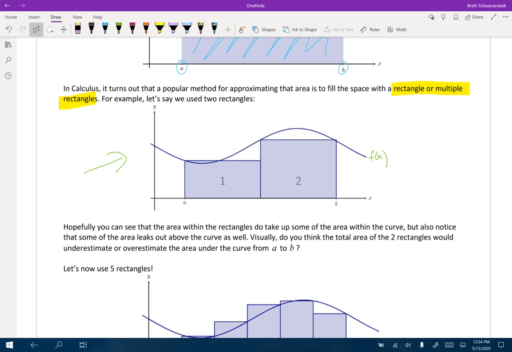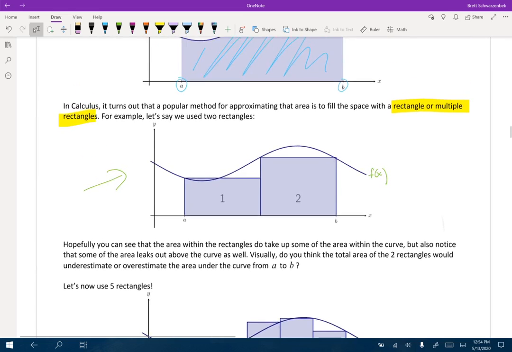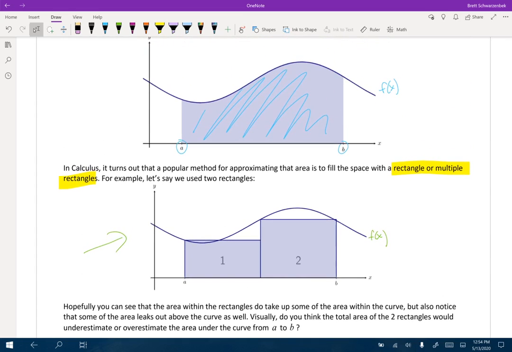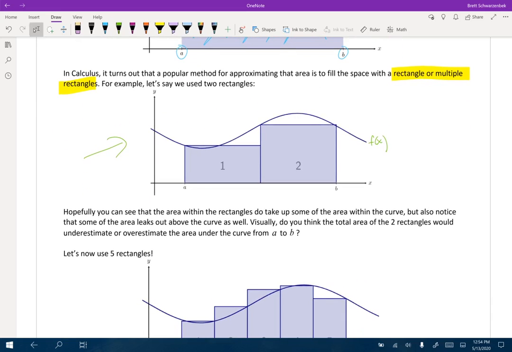Well, what is the benefit of using a rectangle? A rectangle we know the area of already. If I was to look at this, what other shape could you come up with that would allow us to approximate this? I challenge you to find that shape because it's just not existent. So rectangles we know a lot about, and we can try to find that area.